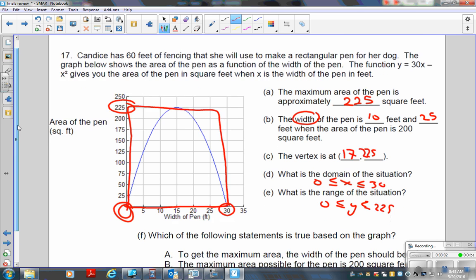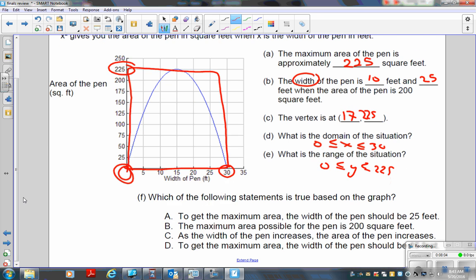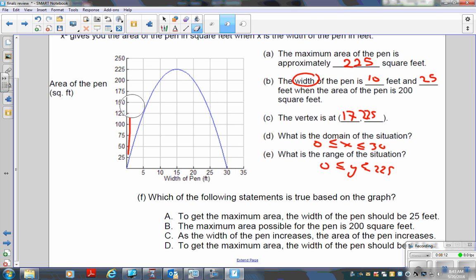The last question for this one says, which of the following statements is true based on the graph? It says, to get the maximum area, the width of the pen should be 25. That's not the maximum area. The maximum area possible is 200 square feet. That's not the maximum part of the graph either.